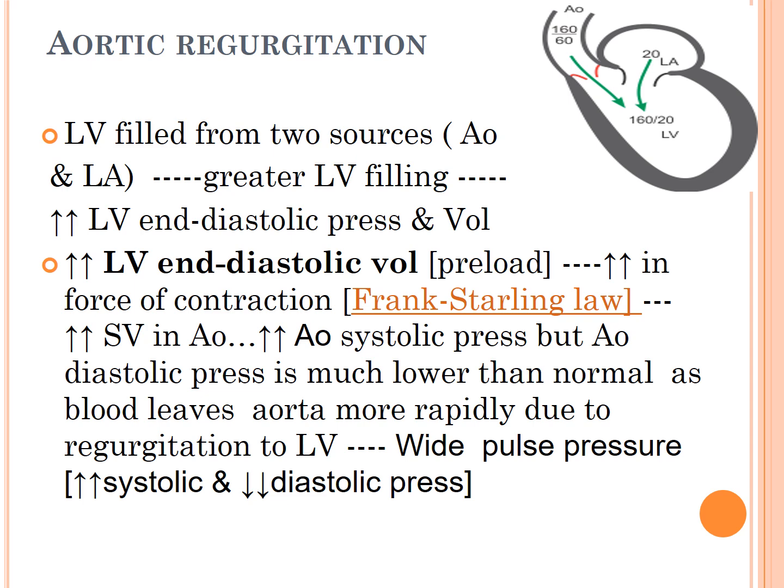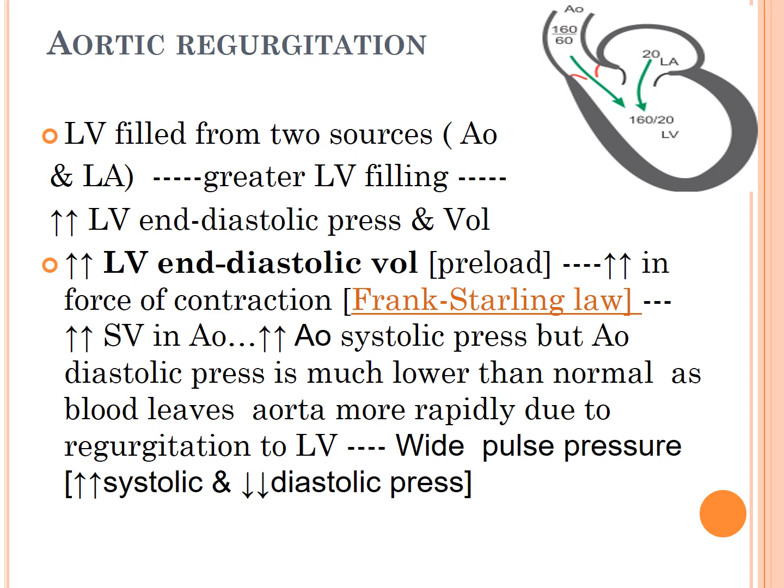So there is greater left ventricular filling, increased left ventricular end diastolic pressure and volume. The end diastolic volume, that is the preload, will increase. This will increase the force of contraction according to Frank-Starling's law, which is going to increase stroke volume into the aorta.